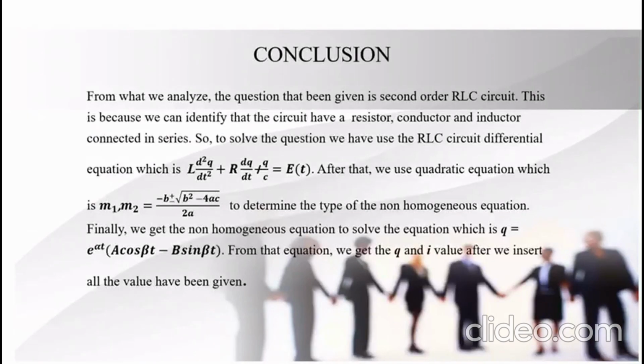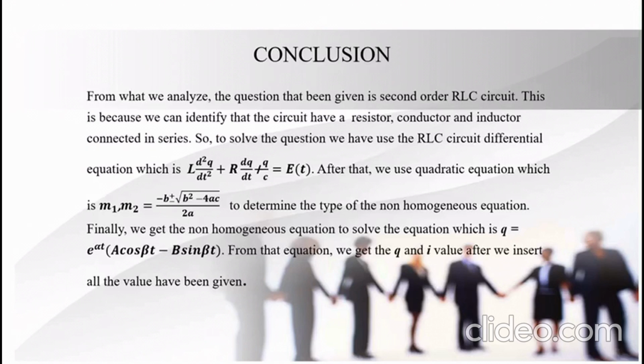From what we can conclude, the equation that has been given is a second order RLC circuit. This is because we can identify that the circuit has a resistor, capacitor and inductor connected in series. So to solve the equation, we use the RLC circuit differential equation, which is L d squared Q over dt squared plus R dQ/dt plus Q over C equals E in terms of t.